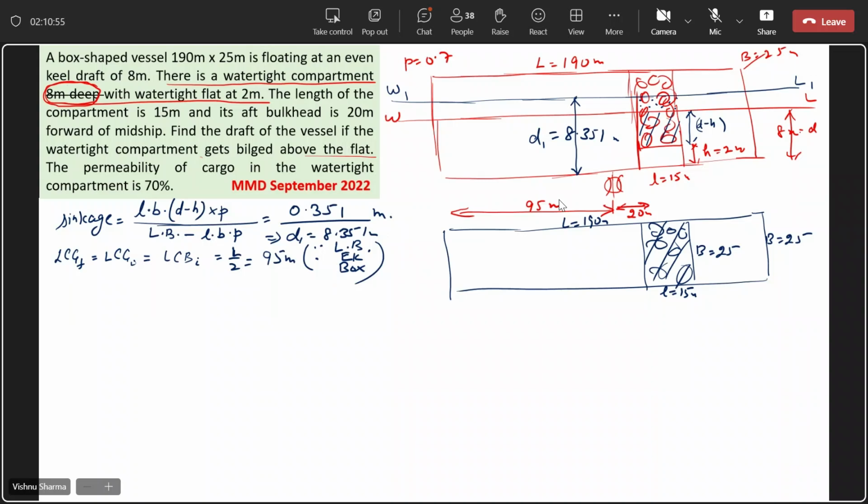Okay, so we have this. Now look at the diagram and tell me, will LCB and LCF be same? Yes or no, guys? No, sir. Akshay sir says no. Anybody else? My question is, will LCB final and LCF final be same? Yes or no? No, sir.